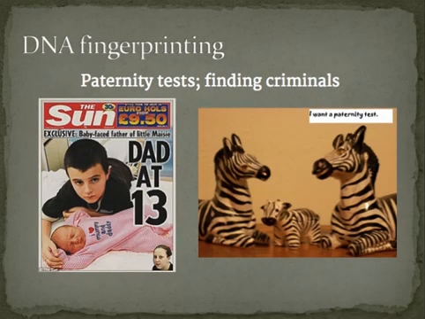We use genetic engineering for DNA fingerprinting as well, and that's another lab we're going to be doing. Crime scene investigators and paternity test people will use DNA fingerprinting to figure out who parents are, find criminals, rule out suspects, all sorts of stuff.